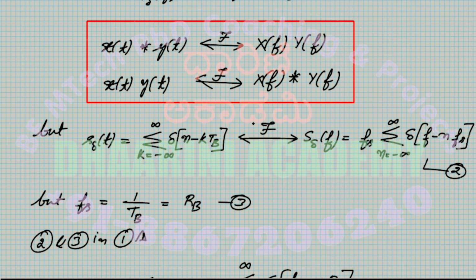Now let us look in more detail at s delta of t. It's a comb function denoted by summation k from minus infinity to plus infinity. Since the delta function is getting shifted, it is delta of t minus kTb. Put k equal to 1, t minus Tb. k equal to 2, t minus 2Tb. Plus put k equal to minus 1, t plus Tb. And so on.